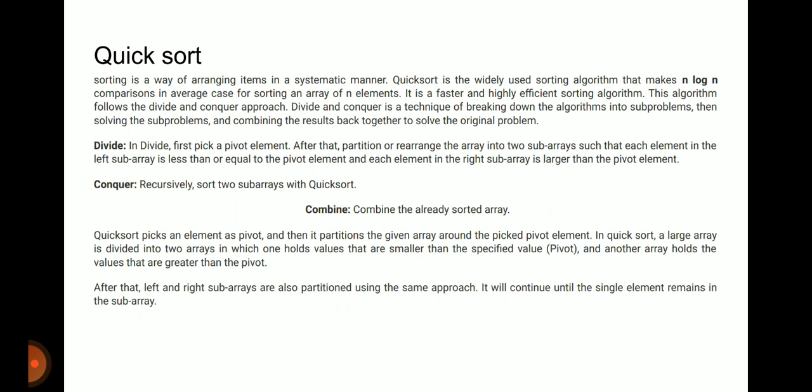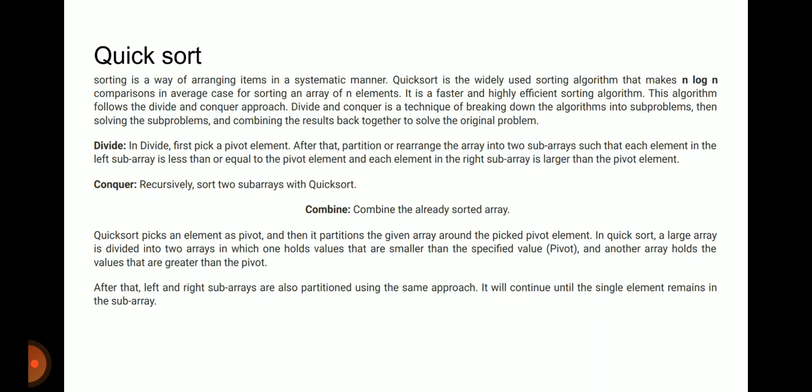This algorithm follows the divide and conquer approach. Divide and conquer is a technique of breaking down the problem into subproblems, then solving the subproblems and combining the results back together to solve the original problem. There are three terms used in quicksort. First is divide. In divide, first pick a pivot element.